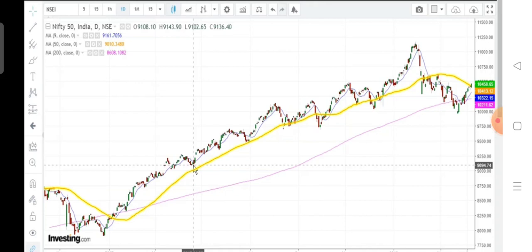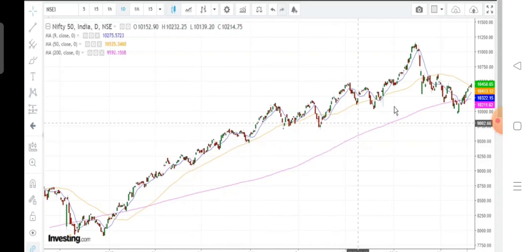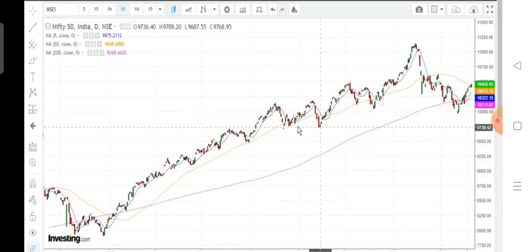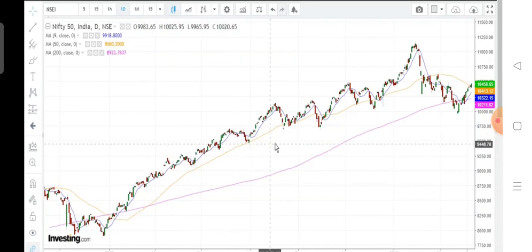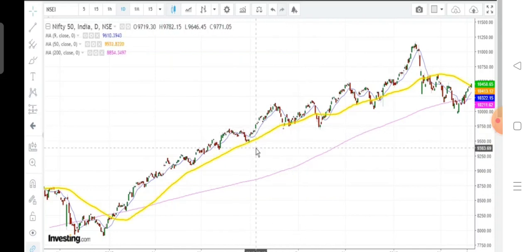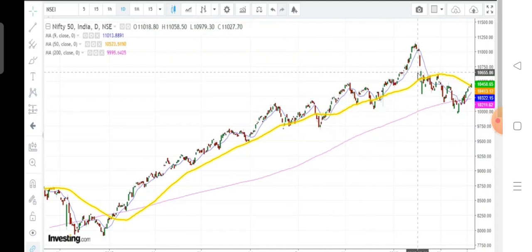But once they are broken, if we find there are 2-3 closes below that moving average, then there is a possibility that the counter move, the move in the opposite direction, can start now. Here you can see that the 50-day moving average was held in Nifty for quite some time. There were minor breaches, but eventually the price was moving higher.